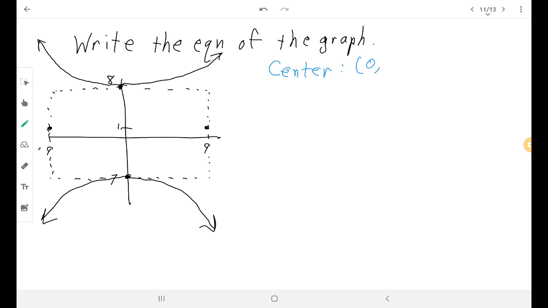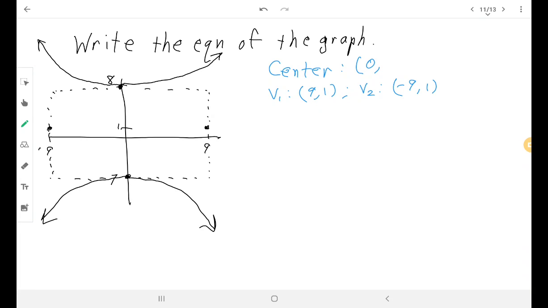Let me be a little more careful. There's a vertex at 9, 1. There's another vertex at -9, 1.